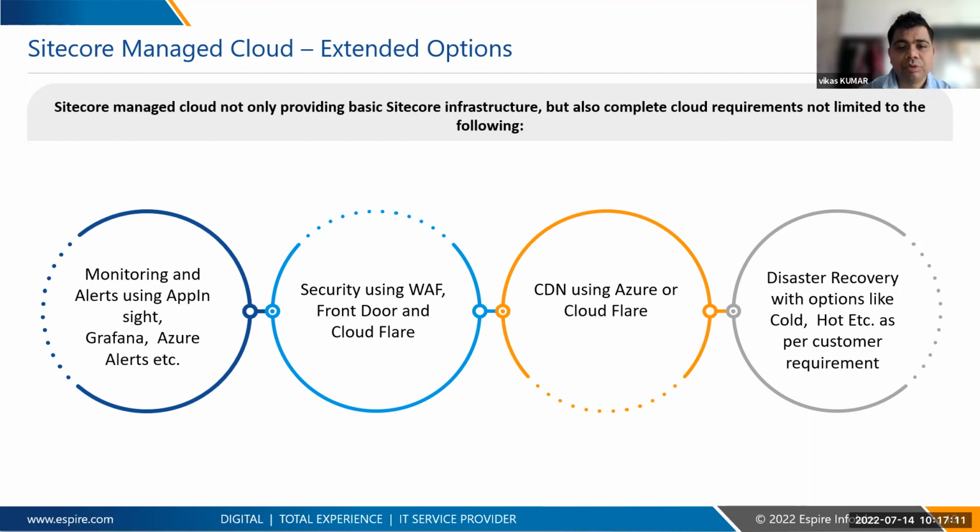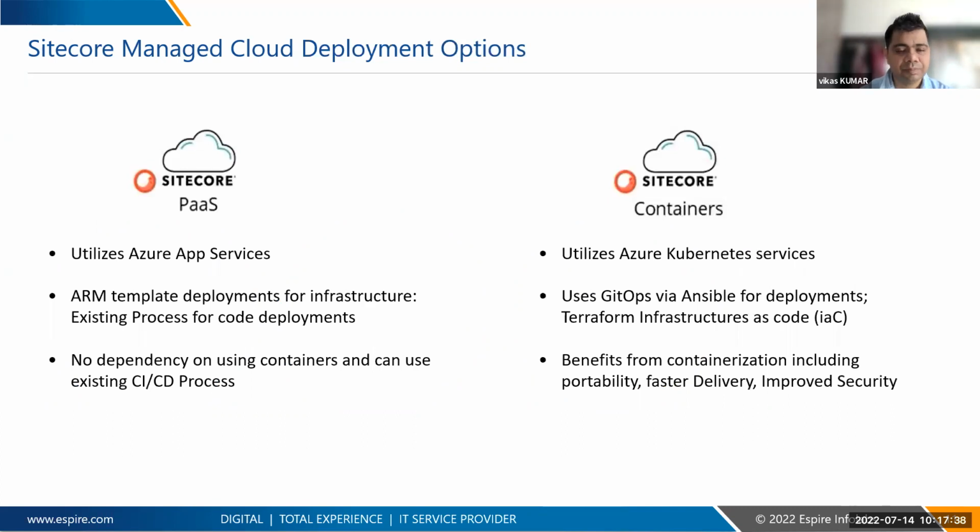For security, you can go with WAF for a simple application, and for a global application Front Door or Cloudflare. So those options are available for the security management side of things, or CDN using Azure or Cloudflare. And there's one more option there as well, the DR with the cold host. So as per your requirements, it's a complete solution, not just basic infrastructure.